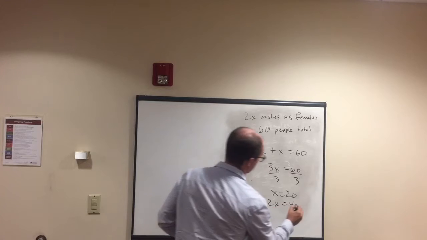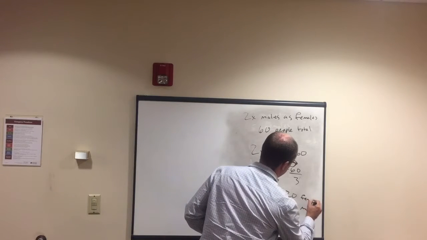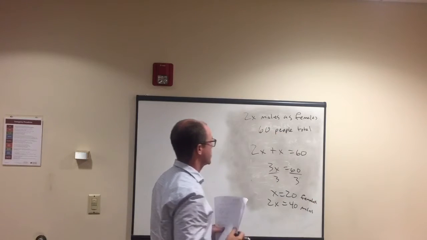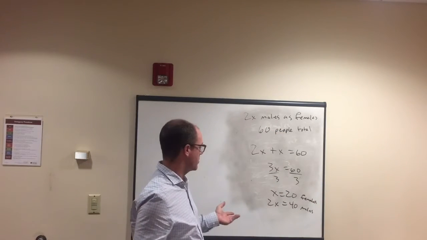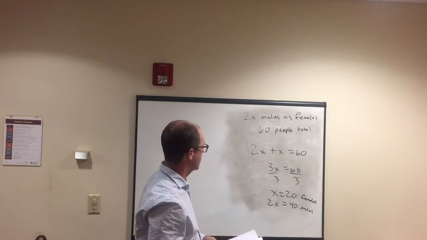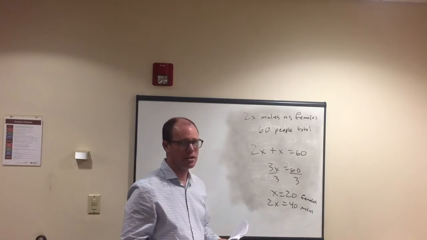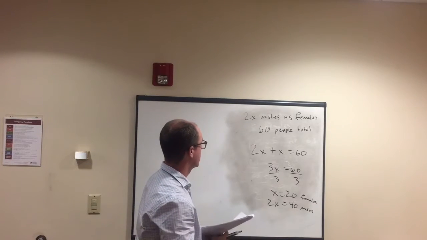So that's males, and 20 is females. And then check to make sure what we did adds up and makes sense. 20 plus 40 is 60, so that looks good. 40 is twice as much as 20, that also looks good. And then we have the right answer.